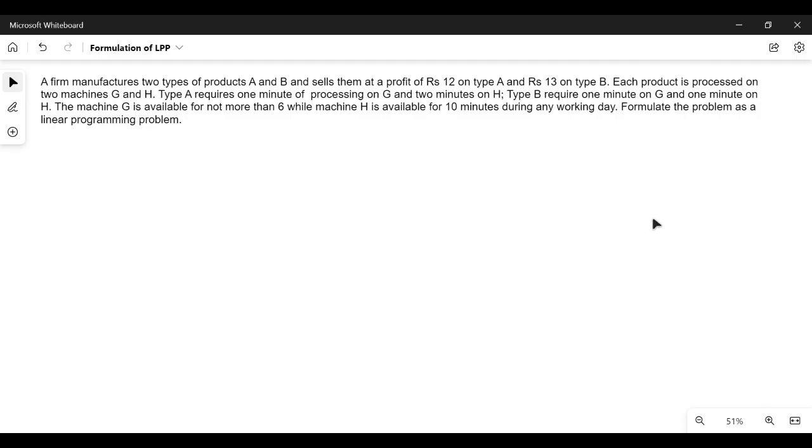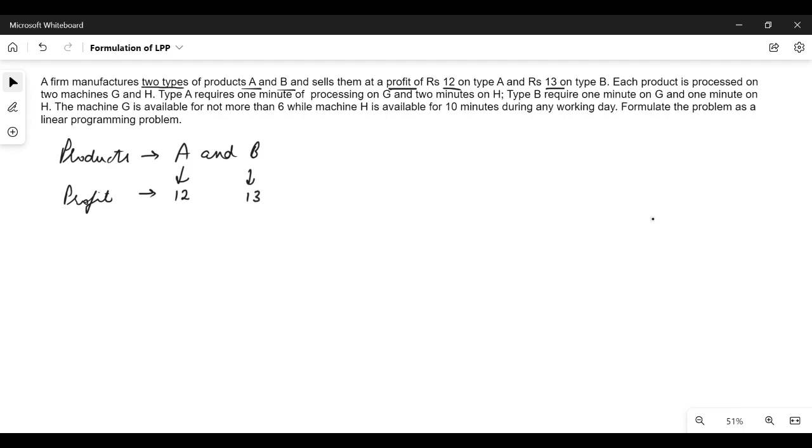So in this question, we see a statement that a firm manufactures two types of product, and the products are A and B. So we will write here that there are two types of product A and B. And the firm wants to sell at a profit of 12 and 13, right? On type A and type B. So the profit of product A is 12 and of product B it is 13.